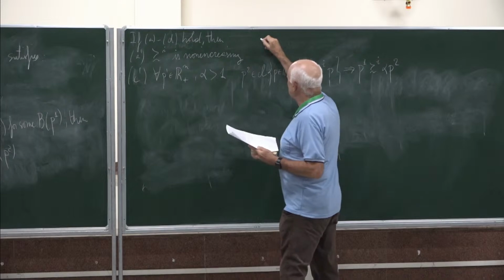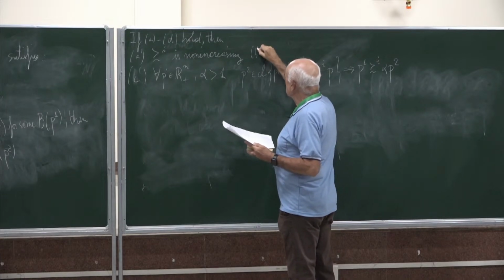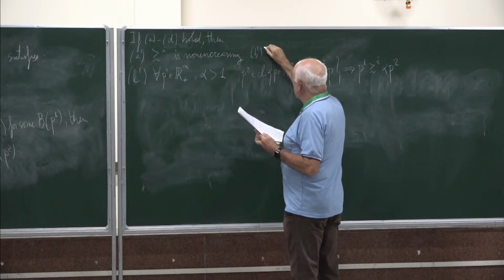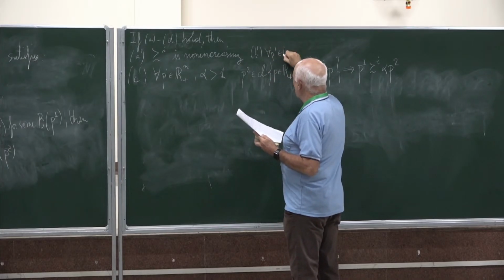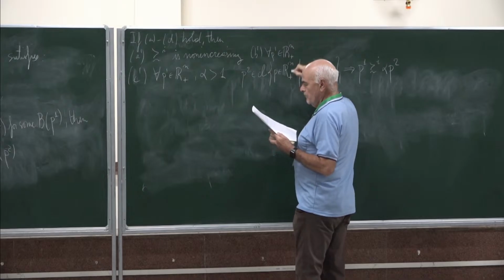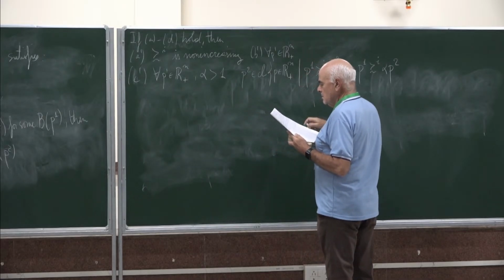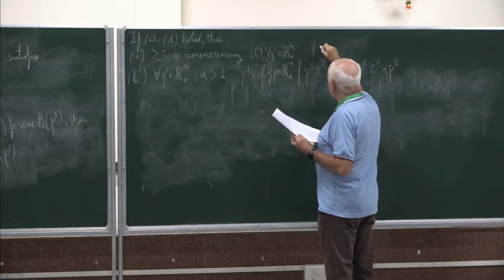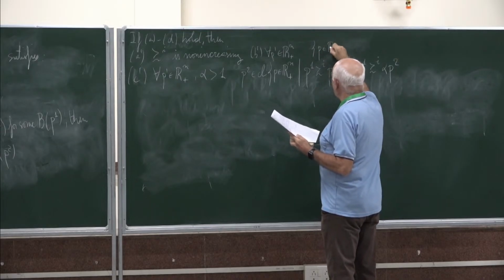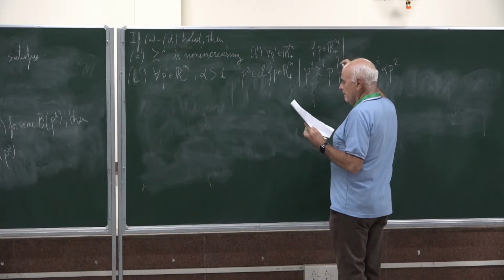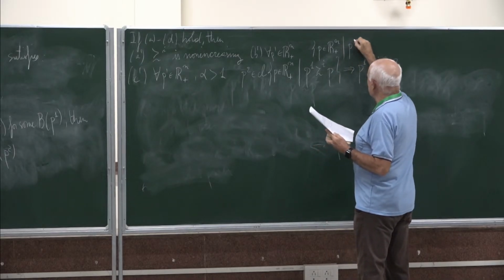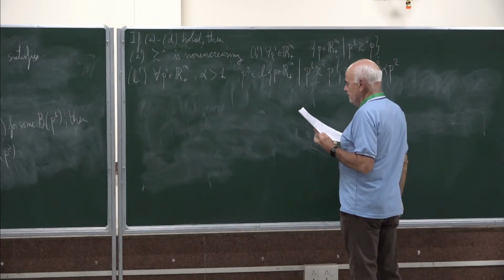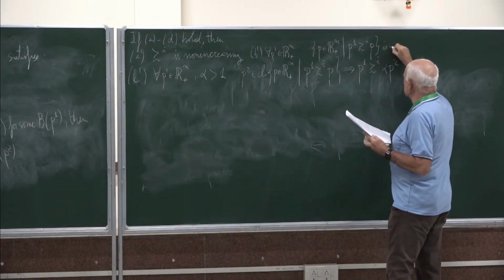B prime is, as you can imagine, for every P1 in R plus N, the lower contour set is evenly convex.